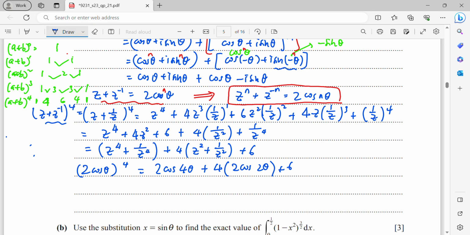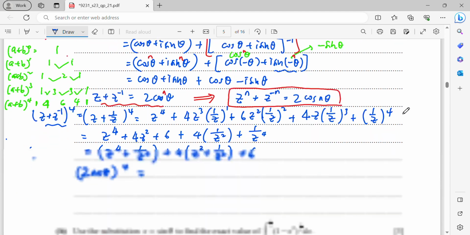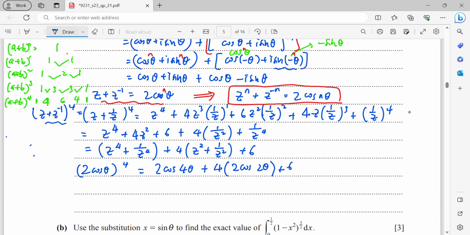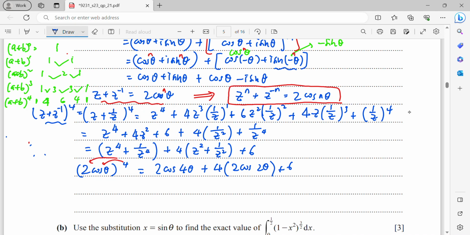Okay, then now let's look at the question. You need to get the coefficient for cos to the power 4, which is 1. So now I will do the expansion. This power 4 will be brought into both of these two terms. So 2 to the power 4 is basically 16. Then cos to the power 4 theta equals 2 cos 4 theta plus 8 cos 2 theta plus 6.